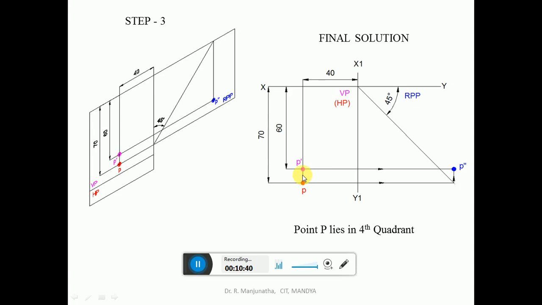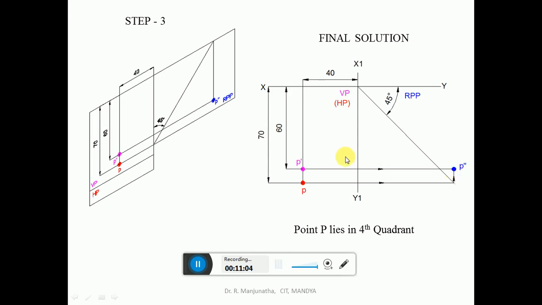And in the profile view, we can see the distances of both the front view as well as the top view. As you have seen, when you are projecting the front view distance onto the profile plane, the distance below HP, which is vertical in the front view, is also the vertical distance in the profile view. So this is the front view distance.